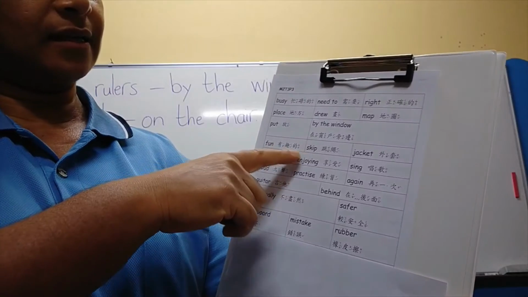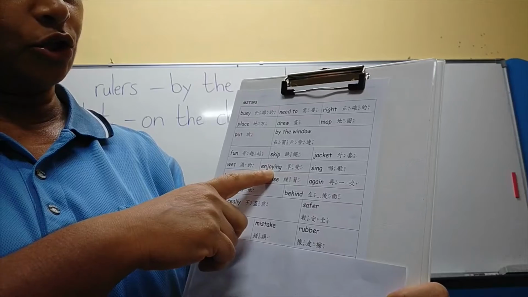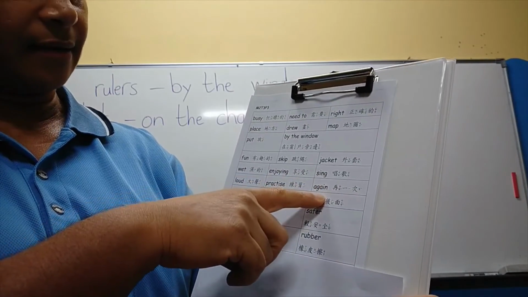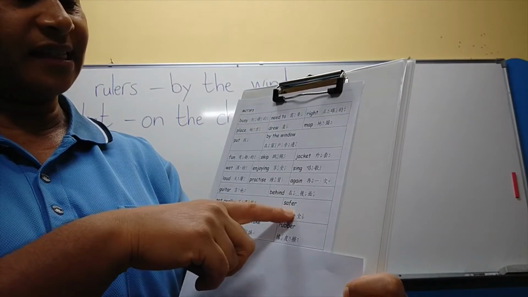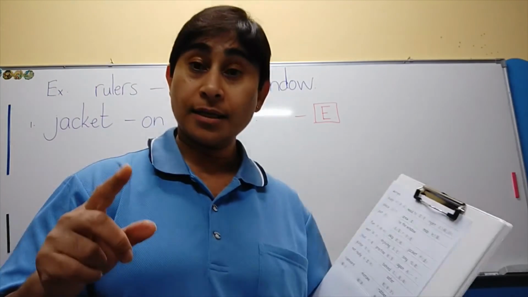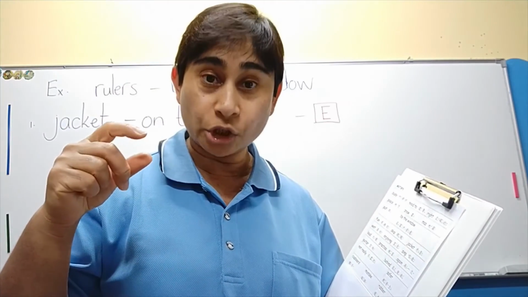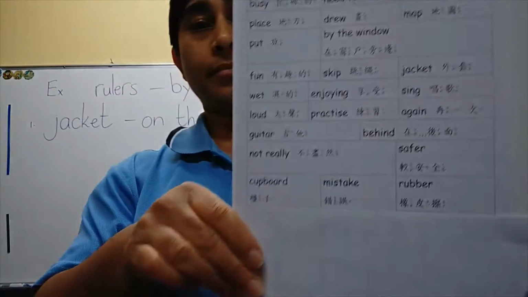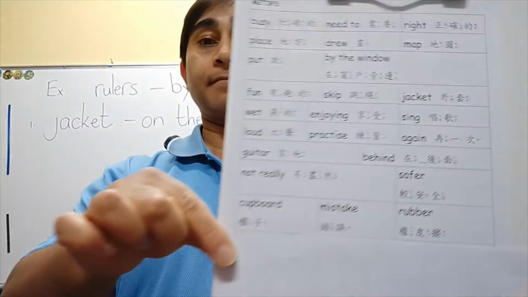Okay, fun, skip, jacket, wet, enjoying, sing, loud, practice again, guitar, behind, not really, safer, cupboard. Okay? You can have a look and you can take a screenshot of this. Do you know what's a screenshot? Take the screenshot now. There we go. I'll give you 10 seconds.